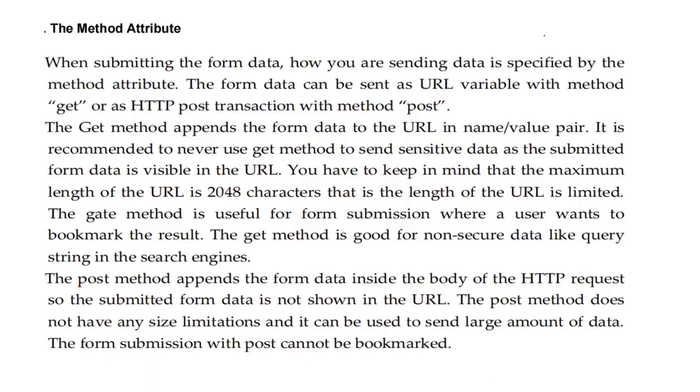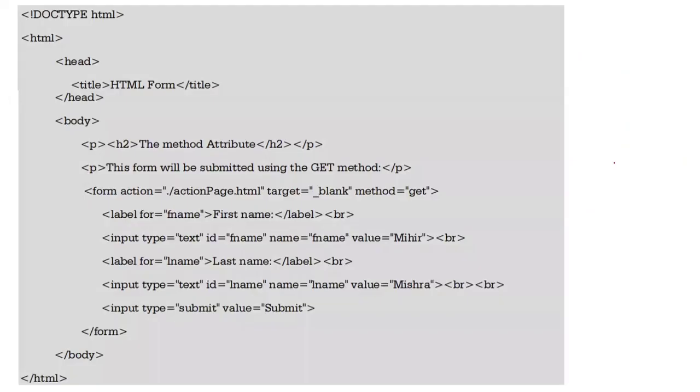While you're transferring sensitive information like a password or bank details, that will not be included in the address bar, so in that case you will use the post method. The most recommended method is post, and it doesn't have any limitation on the number of characters. Okay, so this is the difference between the post and get methods.